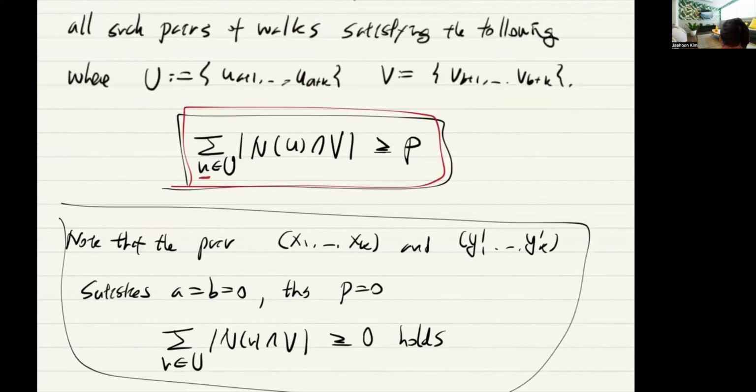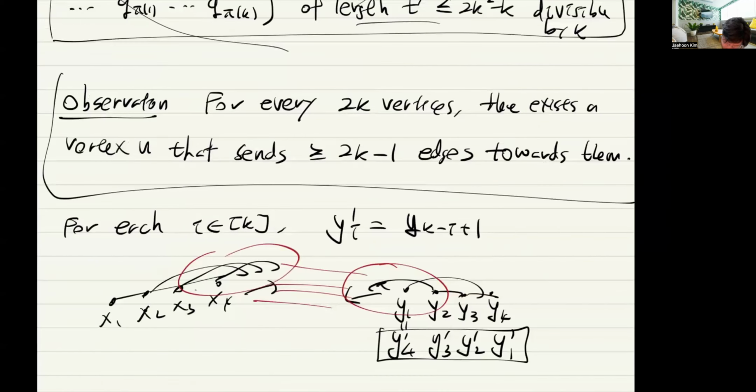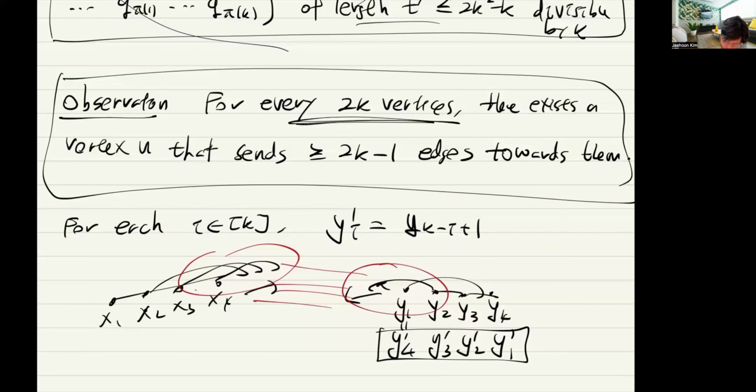And using this observation, actually, here it doesn't have to be 2K distinct vertices. You can count the same vertices multiple times.